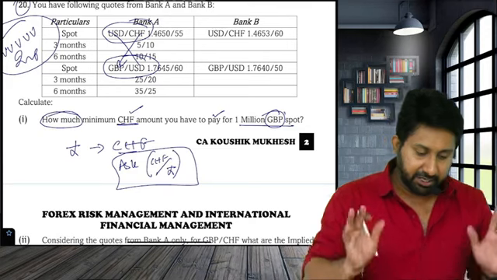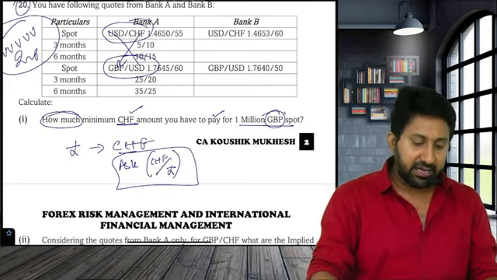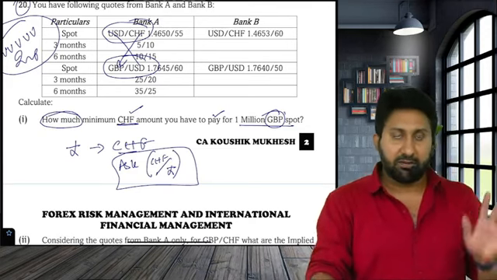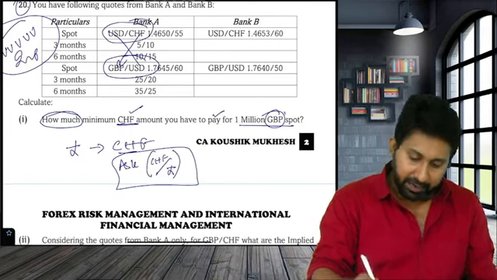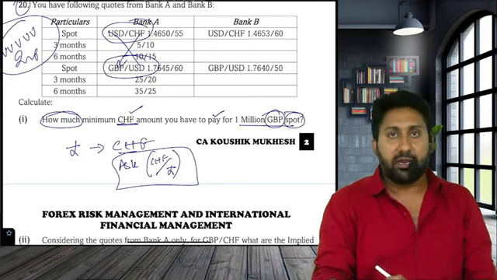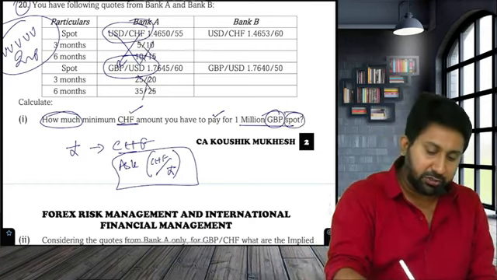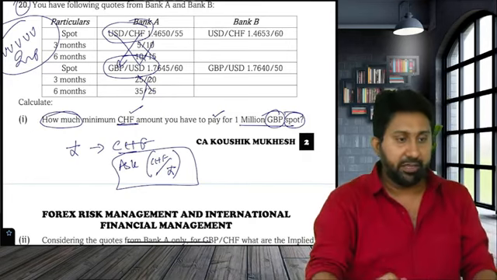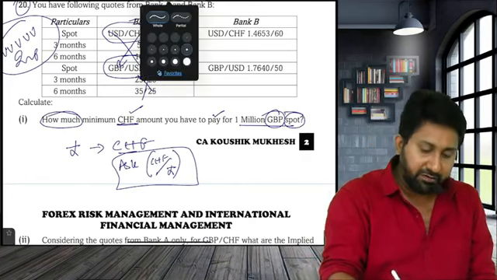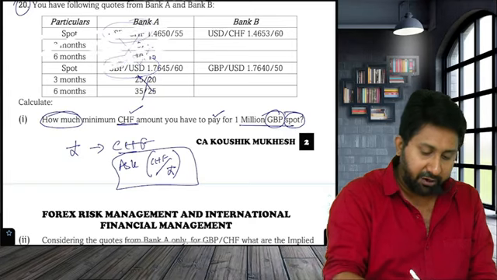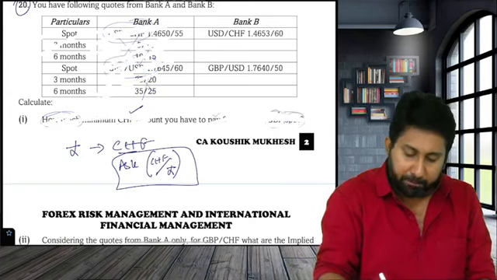So the first step: how many banks are given here? There are two banks, Bank A and Bank B. The spot rate he wants to calculate. Therefore, forward rates have no relevance in the first question. There is no relevance for the swap points.